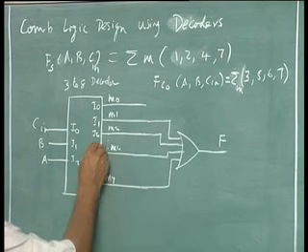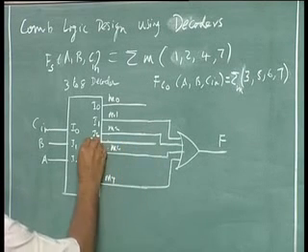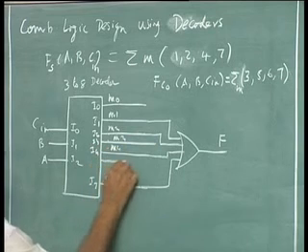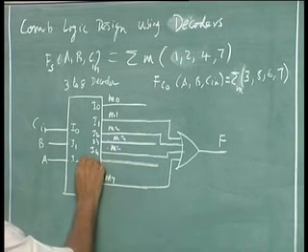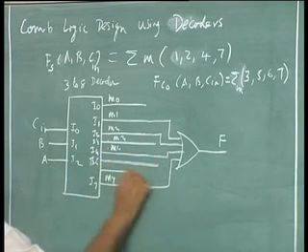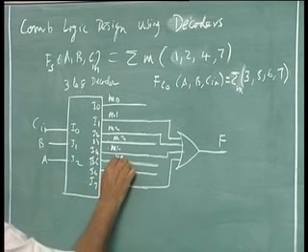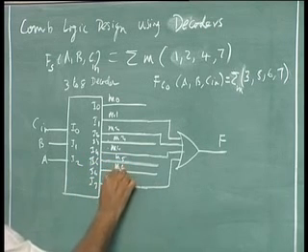So M3 would be here, I3, M5, I6, M3, M5, M6, M7.